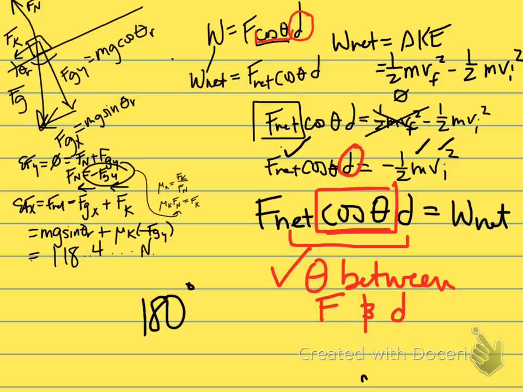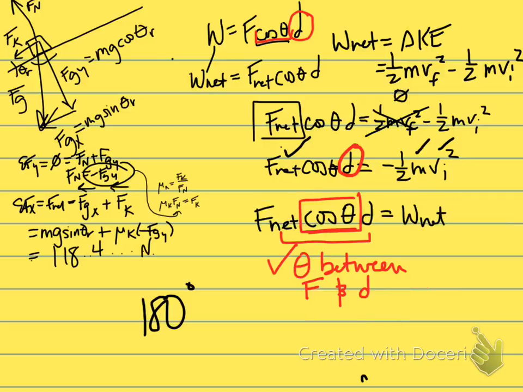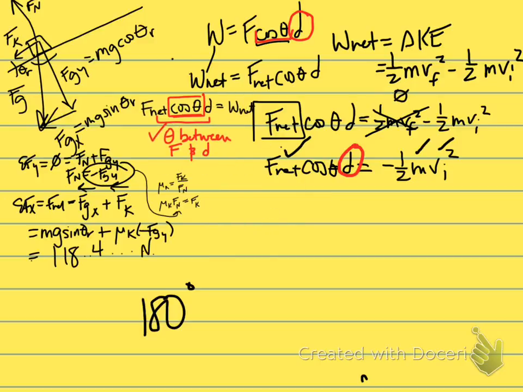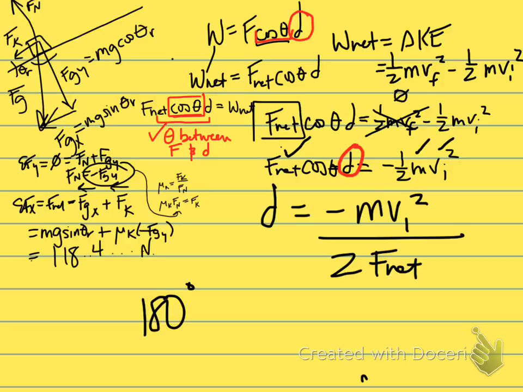Okay, with that, we're now ready to solve for distance. So if we solve for distance, we have distance is equal to negative, and we can do the algebra, m v_i squared over 2 F_net cosine theta, where that theta is 180.